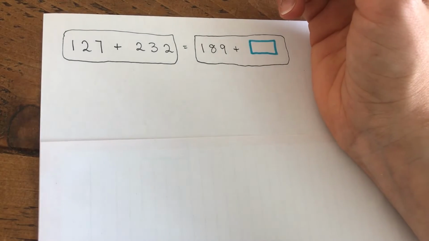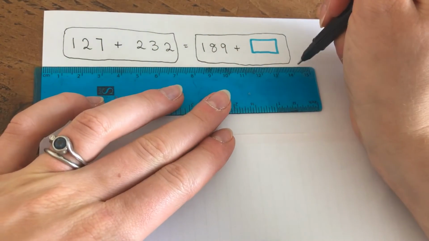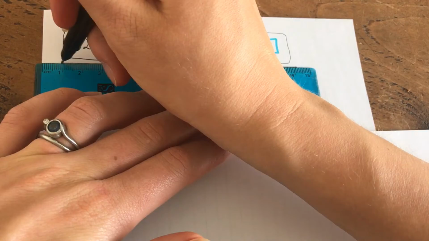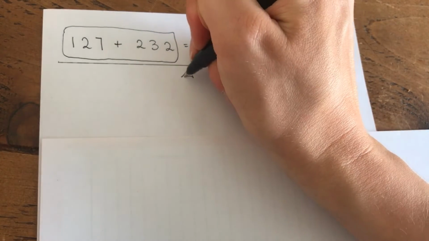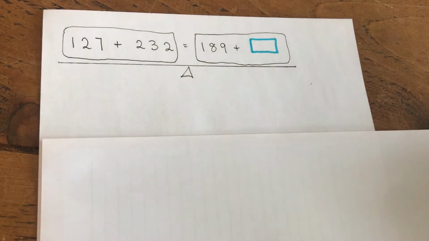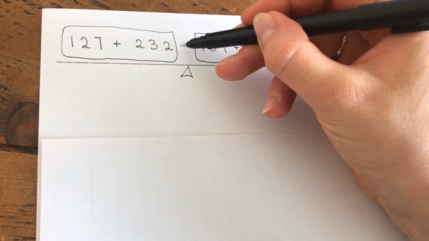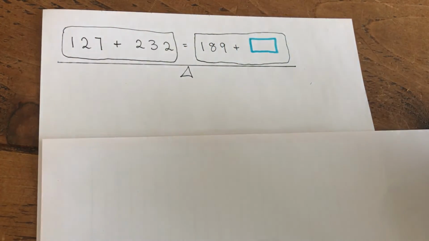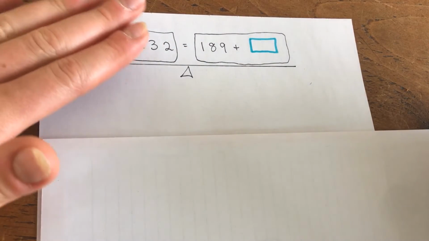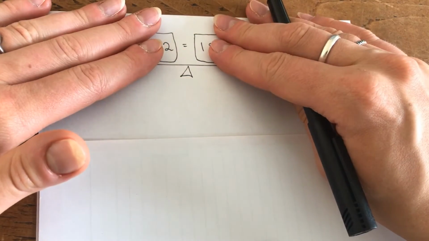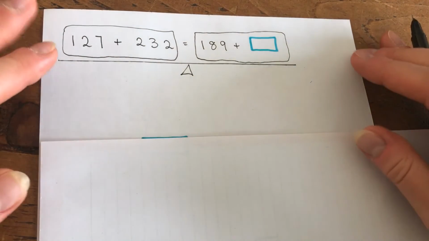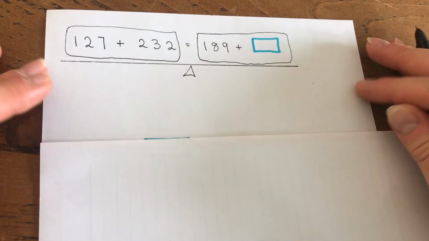All right, so you're imagining this as if it's balancing on some scales. Both sides need to be the same, okay? Because we've got an equals in the middle, okay? It's not a greater than or less than sign, it's an equal sign, which means this is the same as this, okay? So what do we need to do first?